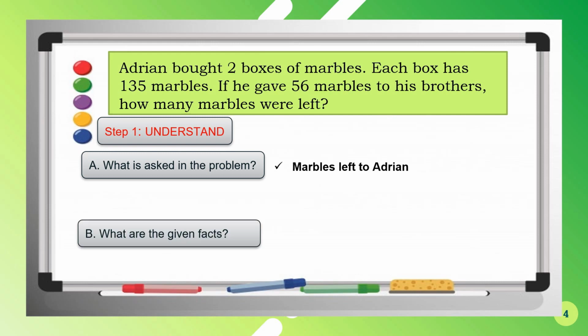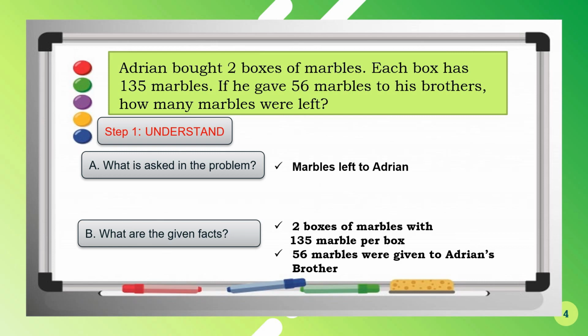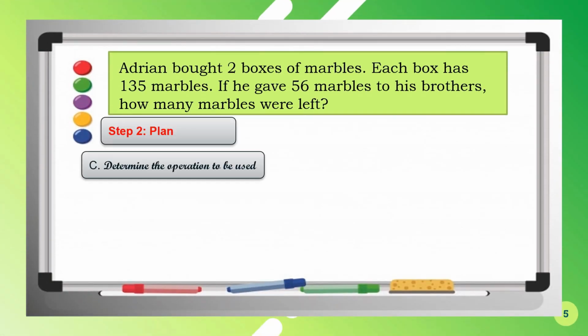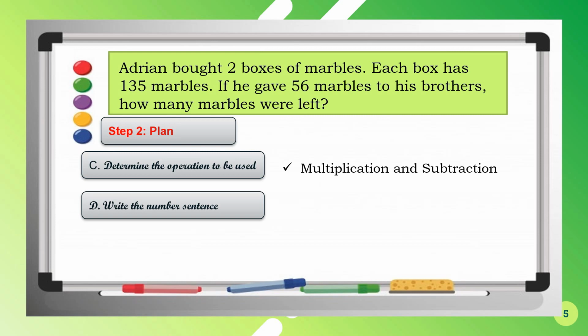Next are the given facts or the important numbers to solve the problems. So we have 2 boxes of marbles with 135 marbles per box, and 56 marbles were given to Adrian's brother. Step 2, we need to determine the operation to be used. So the operation we will use is multiplication and subtraction.